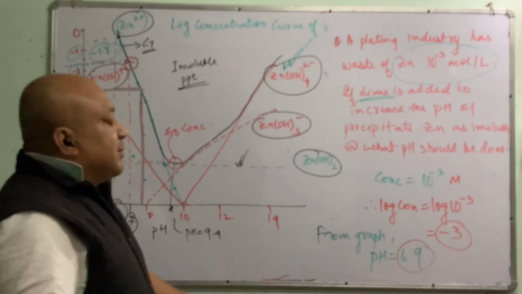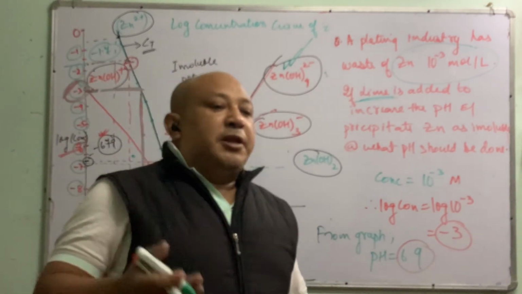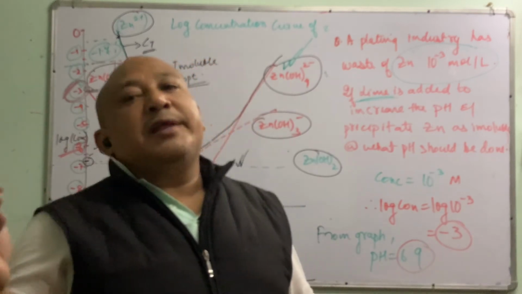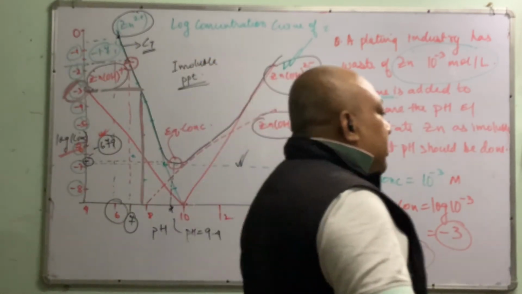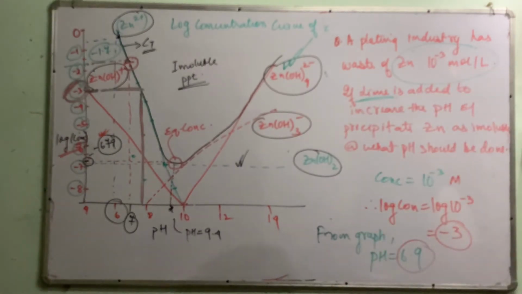So pH 6.9 means you should maintain a pH above 6.9, then it will get precipitated. To answer it is very simple. The difficult part is forming the zinc complex and preparing this chart. Question is very simple, correct?